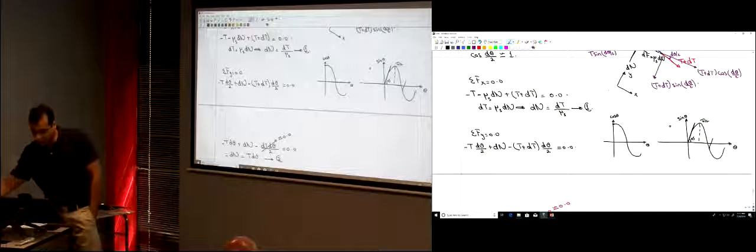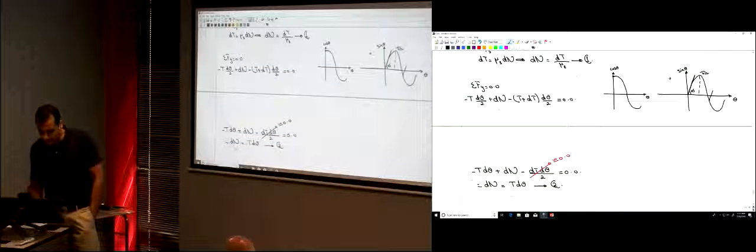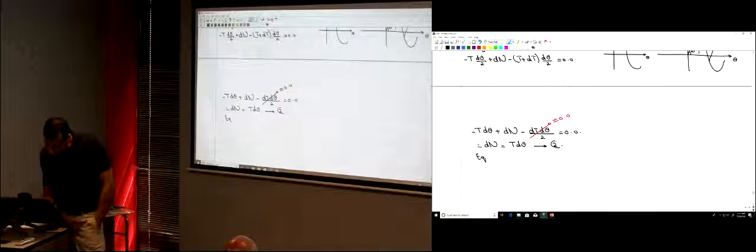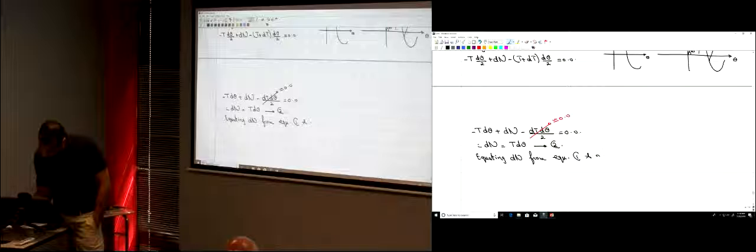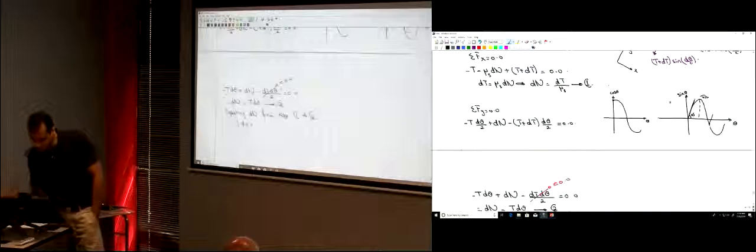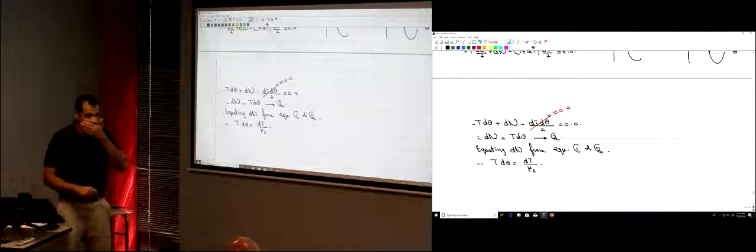In equation 1, dN was dT divided by mu s, and from equation 2 we have dN equals T d theta. So equating dN from both equations, we have T d theta equals dT divided by mu s. Okay?